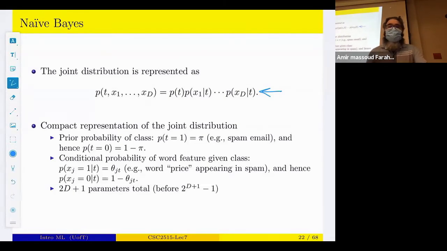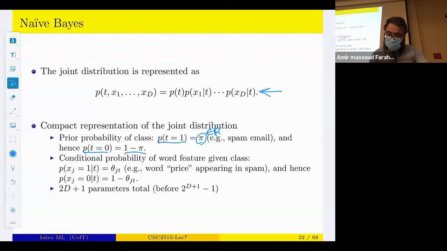So let's see. The prior probability of the class, which is p of t equal to 1, we can write with a parameter pi. This is a value between 0 and 1. And the probability of t being equal to 0 is 1 minus pi, because each email is either spam or not spam, so the sum should be 1.